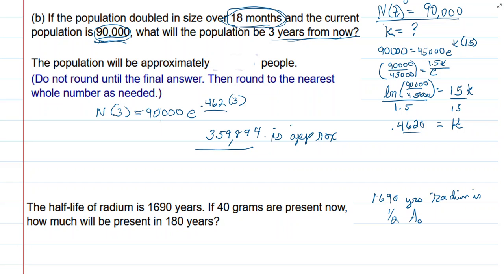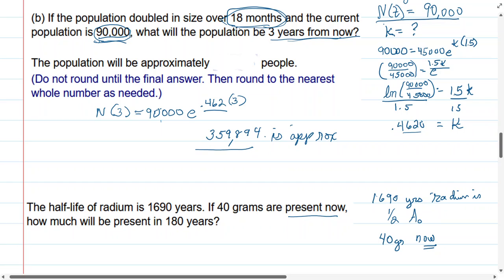Then it's saying if 40 grams are present now, how much will be present in 180 years? All right, so what are we missing? No, the half-life is 169 years. Well, we got the T. Yes, the K.